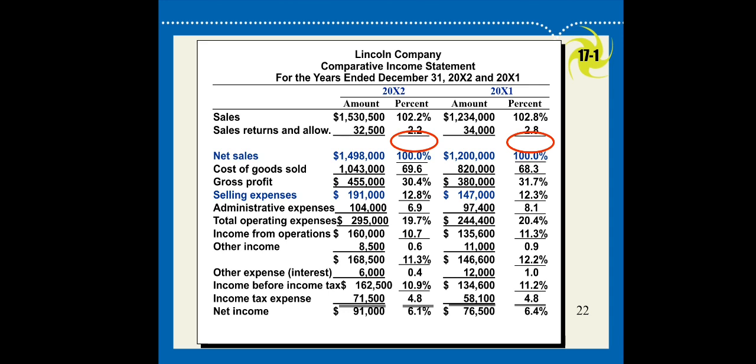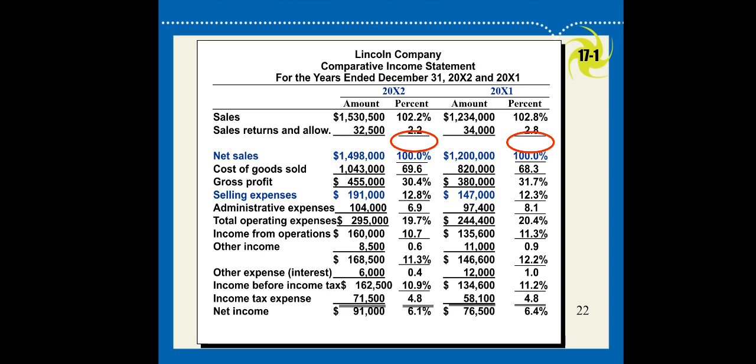So for example here, if you do not do the analysis, you will say that the business is getting better in terms of performance, because you see in year 2000X2, the profit is 91,000.